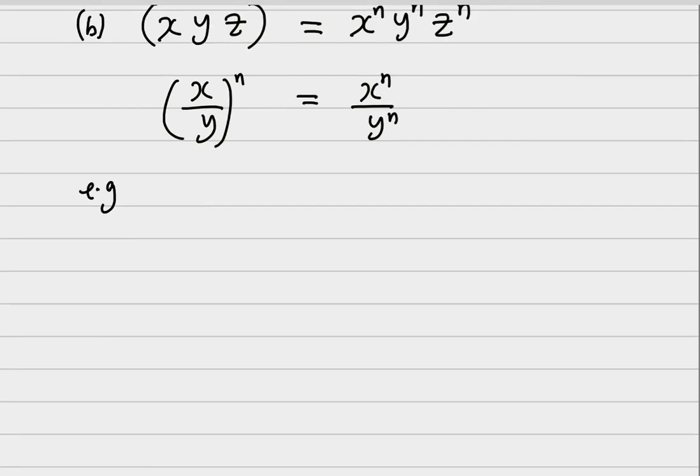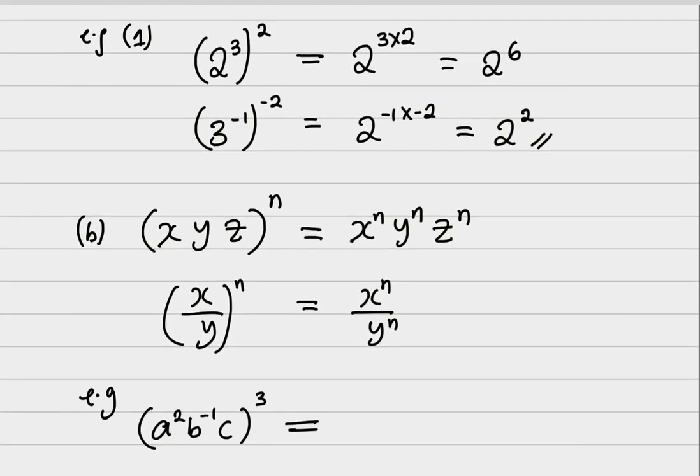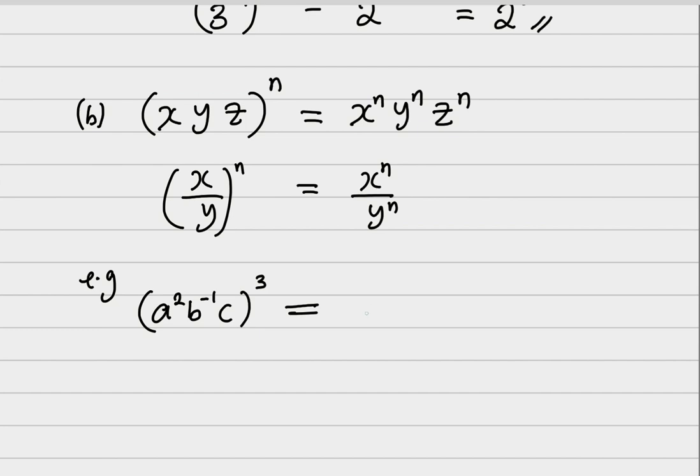If I have, let's say, a raised to power 2, b raised to power minus 1, and c, all raised to power 3. Now, combining what I've taught you under these indices with brackets, this will be a raised to power 2, then raised to power 3 because of this power 3 here.